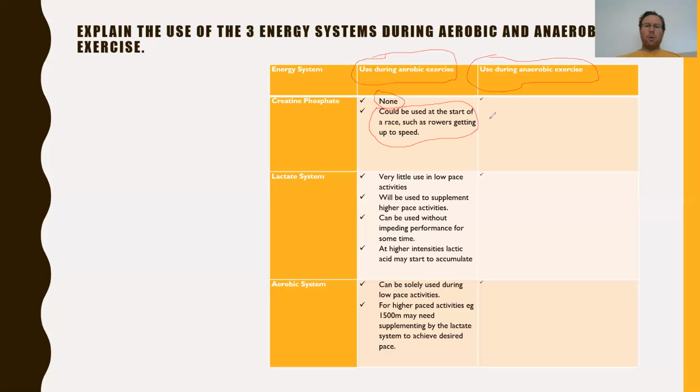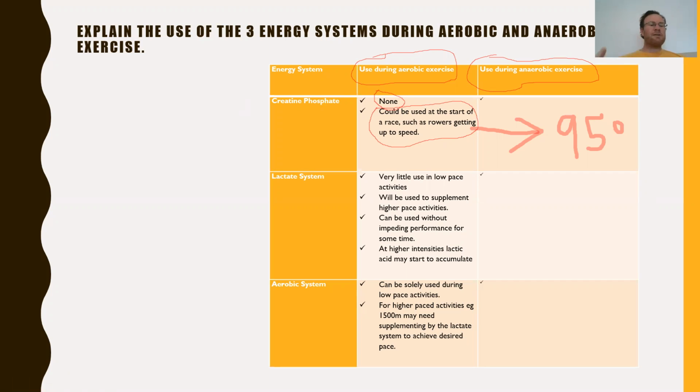Now, what I'm leaving blank is this bit on the right-hand side, because I want you to think about how you can explain the use of the creatine phosphate system during anaerobic exercise. One of the key figures in your book is the idea that we use it when we work at about 95% of maximal effort or higher.